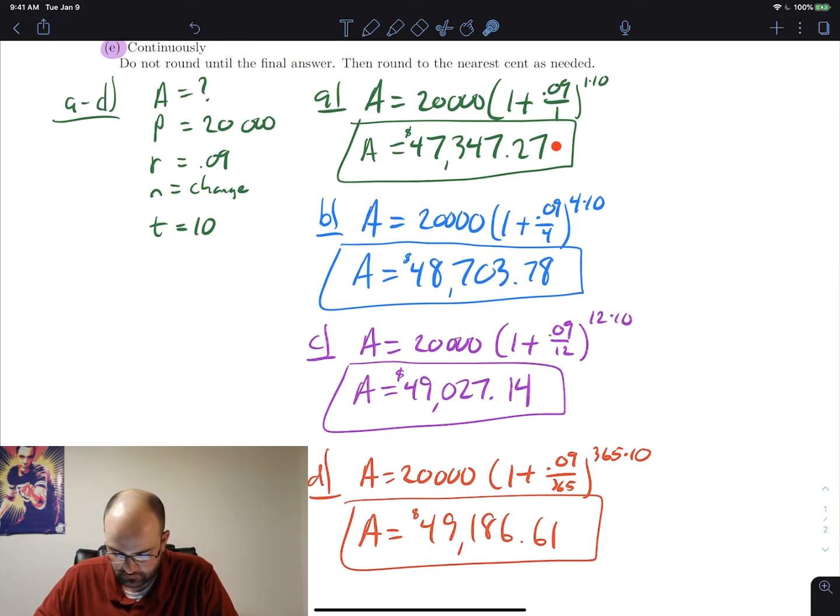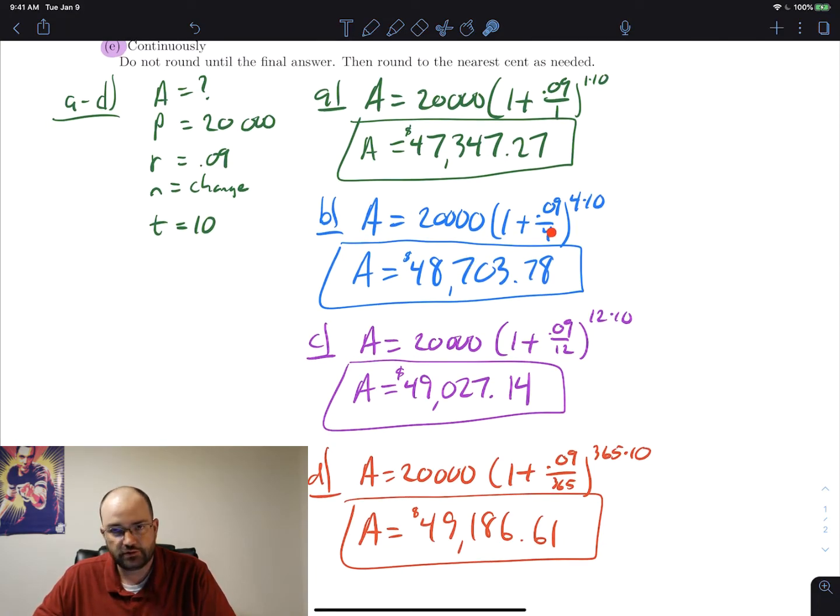Okay, good. Now, let's look at what's happening here. For this one time a year, it's $47,347. So $47,300, let's say that. For the next one, by just going to 4 times a year, we've actually increased the amount of money that we get by $1,400. But going to 12, that's tripling the number of compounding events, and we are actually only increasing the amount from the previous one by 300.